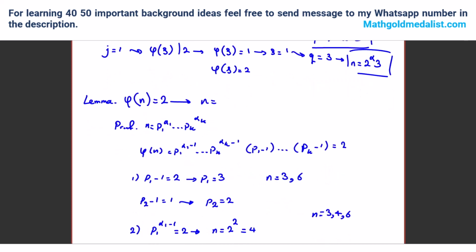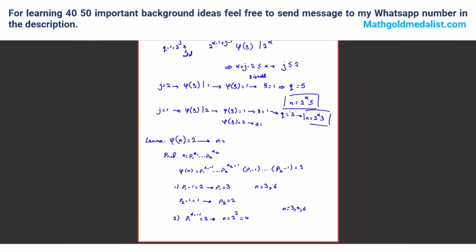Now that we prove this, phi of s is 2, we can conclude s is what here? S is 3. So q is what? Q is 2 times s, 6, plus 1, right?